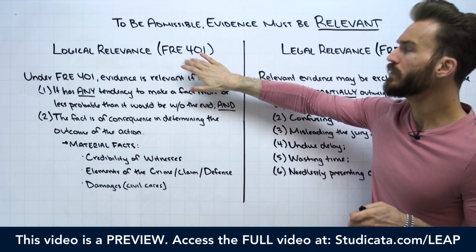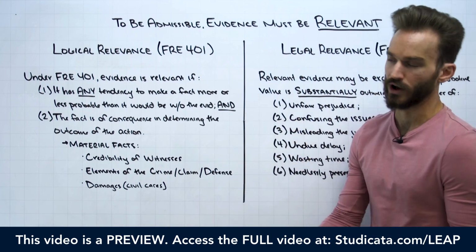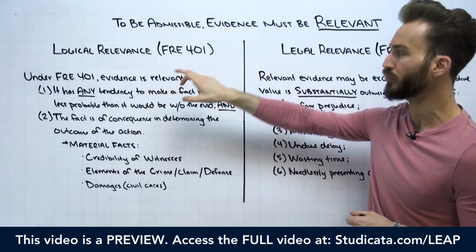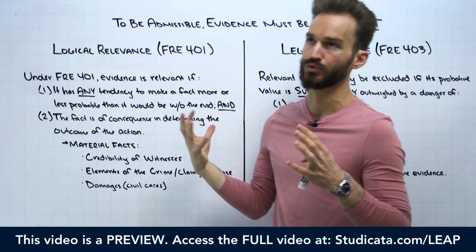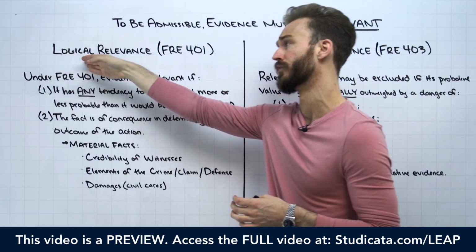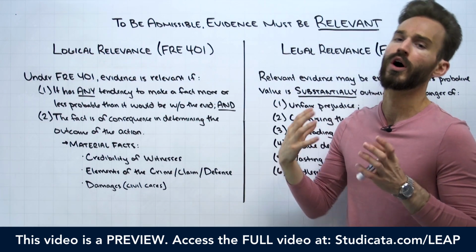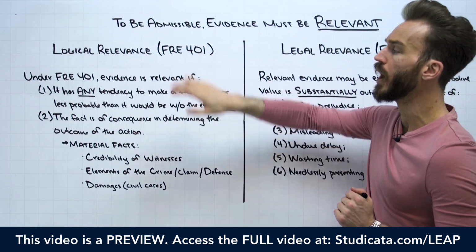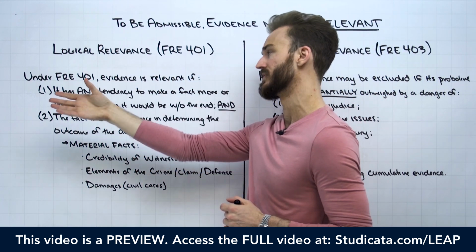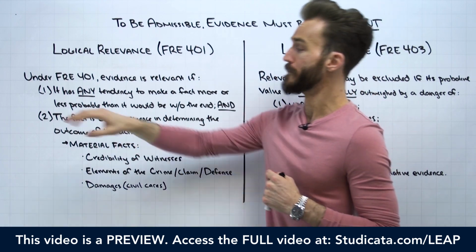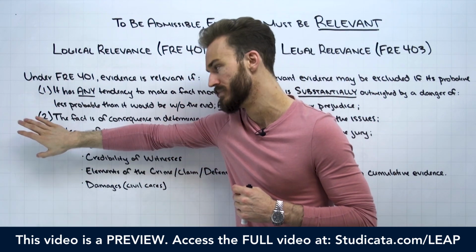So how do we make this first hurdle determination of relevance? Well, we're going to start with Rule 401 of the Federal Rules of Evidence. Sometimes you'll hear this referred to as logical relevance. Rule 401 states that evidence is relevant if it is both probative and material.